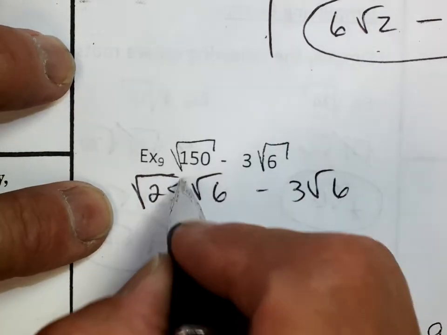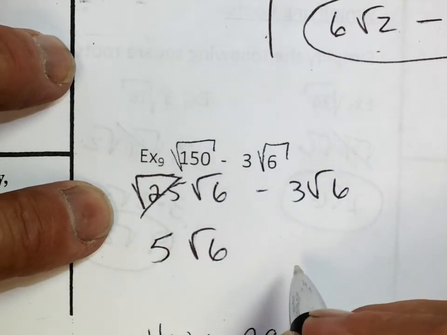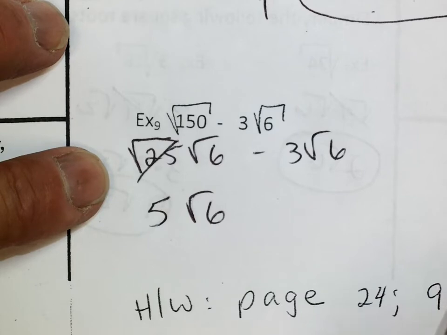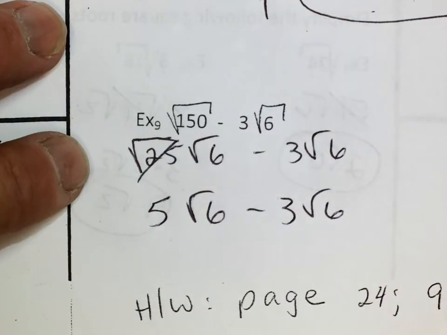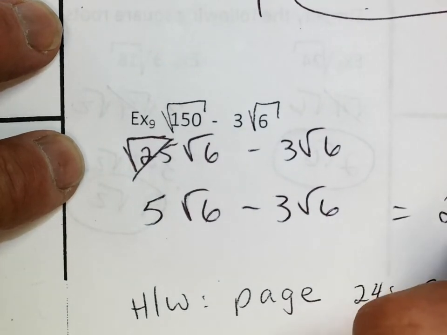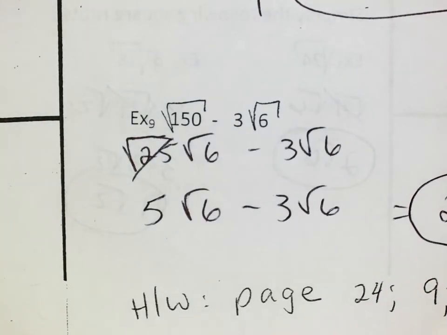Square root of 25 is 5, right? Minus 3 square root of 6, which gives me an answer of 2 square roots of 6. Those two we can subtract, okay?